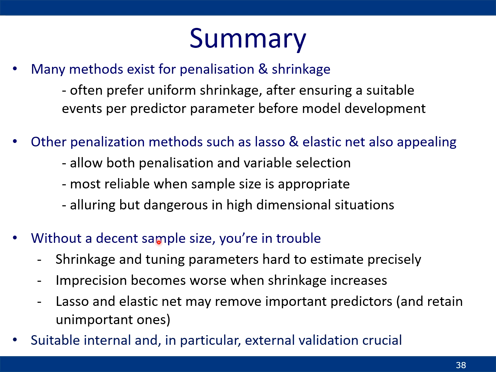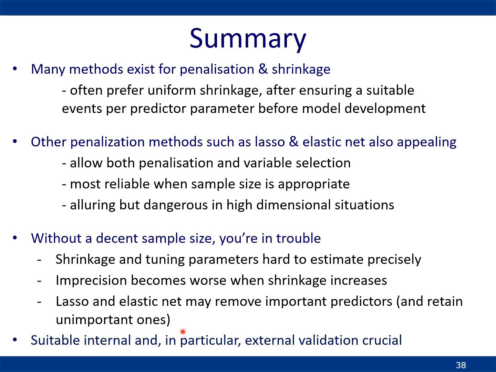If the sample size isn't right, shrinkage and tuning parameters are going to be hard to estimate, your imprecision is going to be worse when the shrinkage increases, and you may start losing predictors and diluting predictor effects that wouldn't be lost if you had a process beforehand to identify key predictors based on previous evidence. This all raises again the importance of internal and external validation.